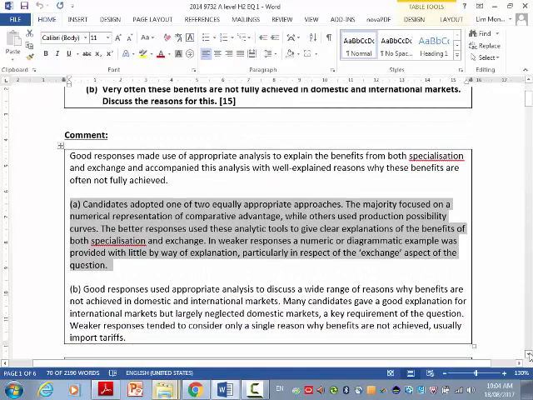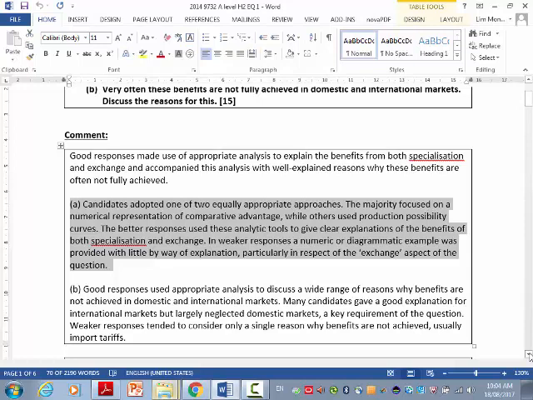Candidates adopted one of two equally appropriate approaches. The majority focused on a numerical representation, while others used PPC. Better responses used these analytic tools to give clear explanations of the benefits of both specialization and exchange. Specialization is one. Exchange is another.